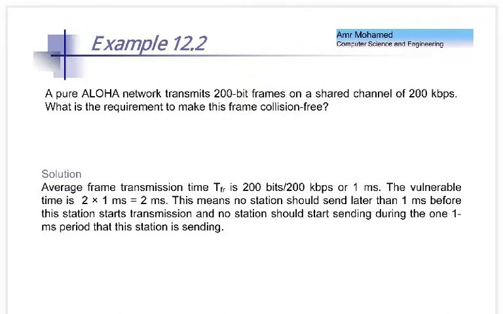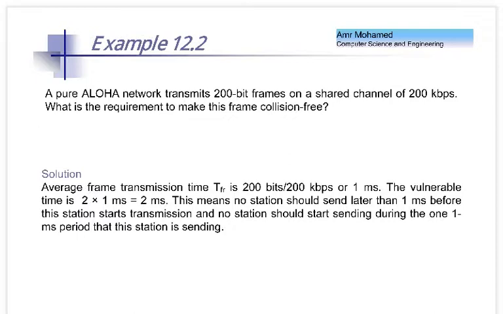In a pure Aloha network, each node can transmit a frame of length 200 bits, and the medium is shared. The medium itself has a bandwidth of 200 kilobits per second. From those two values, we can right away calculate the transmission time.